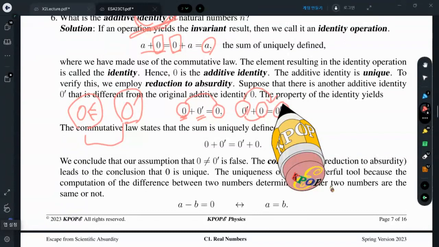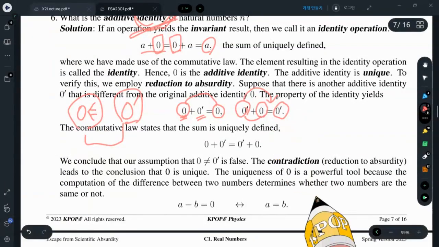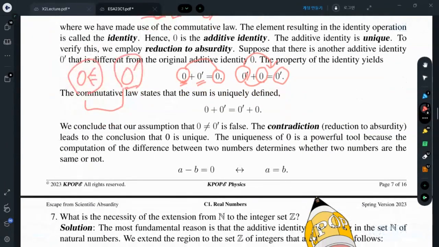That is the result of the commutative law. And actually that commutative law was known by our own experience. If you can find a counterexample, then commutative law may be wrong. But nobody has found it yet.